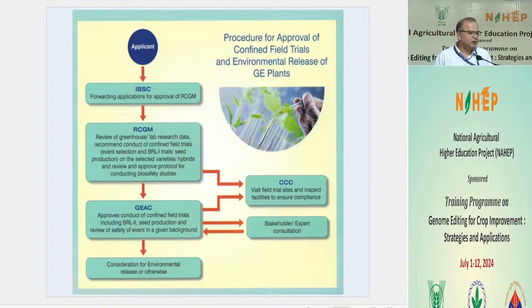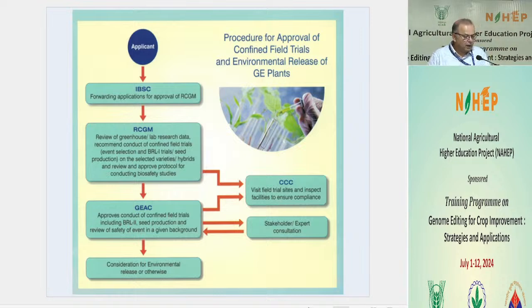There will be state government officials, central government officials like from DBT, subject matter specialists and many expert members. That committee will be constituted by DBT, and they will visit your trial site to see whether everything is proper as per guideline or not.